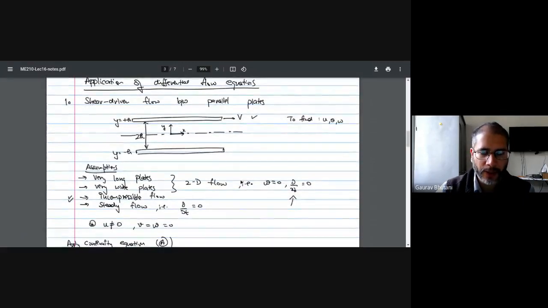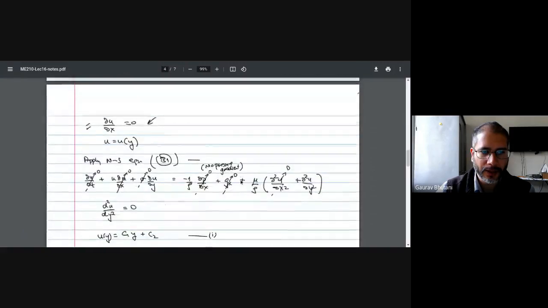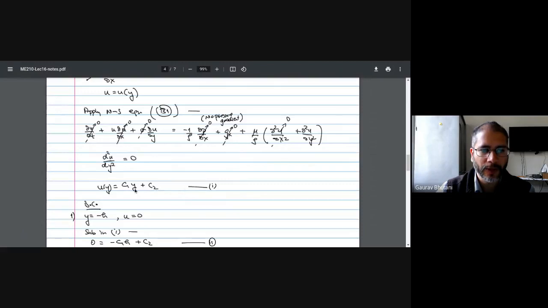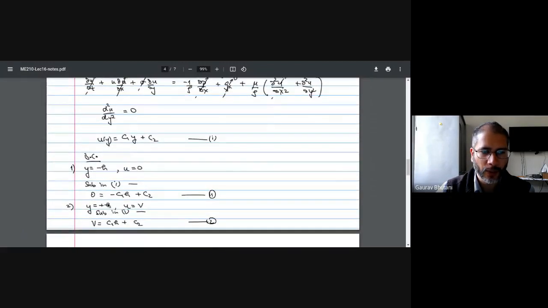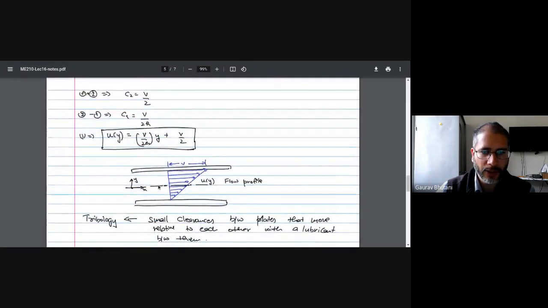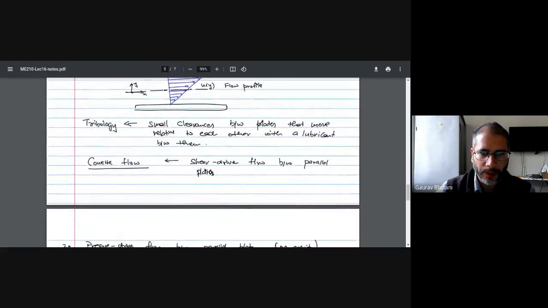We applied the continuity and the momentum equation, the Navier-Stokes equation, and from there we got a linear velocity profile. Upon applying the boundary conditions at the lower and the top plate, we found the constants and hence the complete velocity profile. So that was the first problem we solved, the Couette problem.